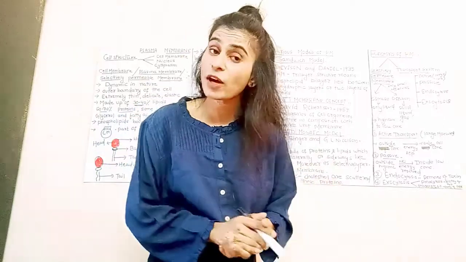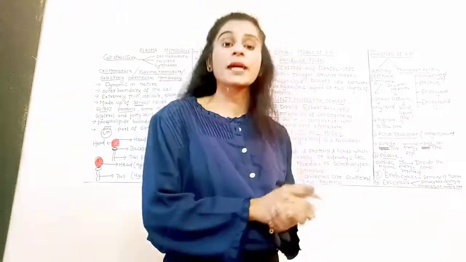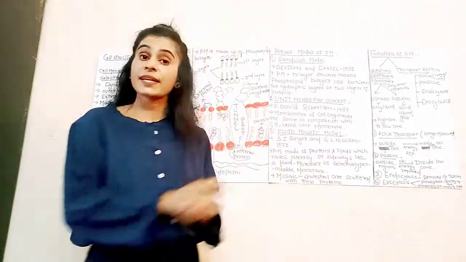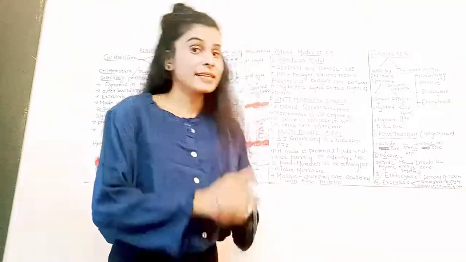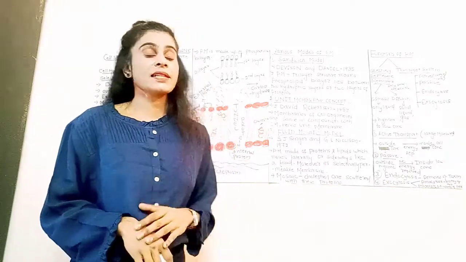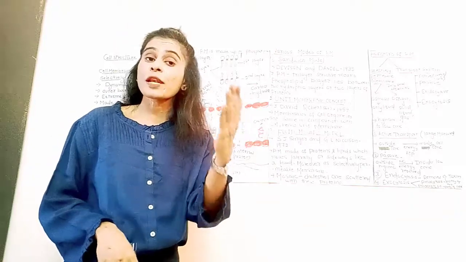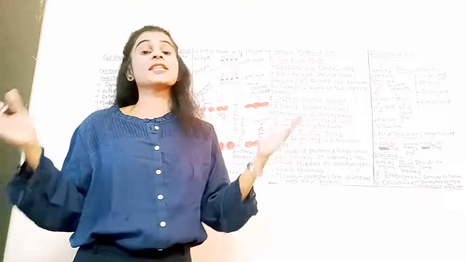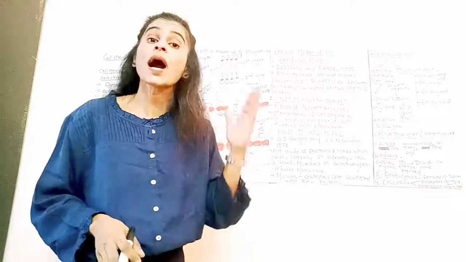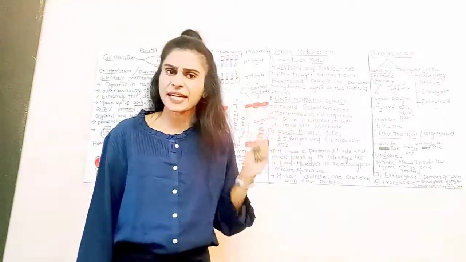Yes guys. So what did the sandwich model say? The sandwich model, first put forward by Daniel and Davison in 1935, said that the plasma membrane is a trilayer structure. Trilayer means the phospholipid bilayer lies in between two layers of proteins or two hydrophobic layers. But this was not accepted guys.